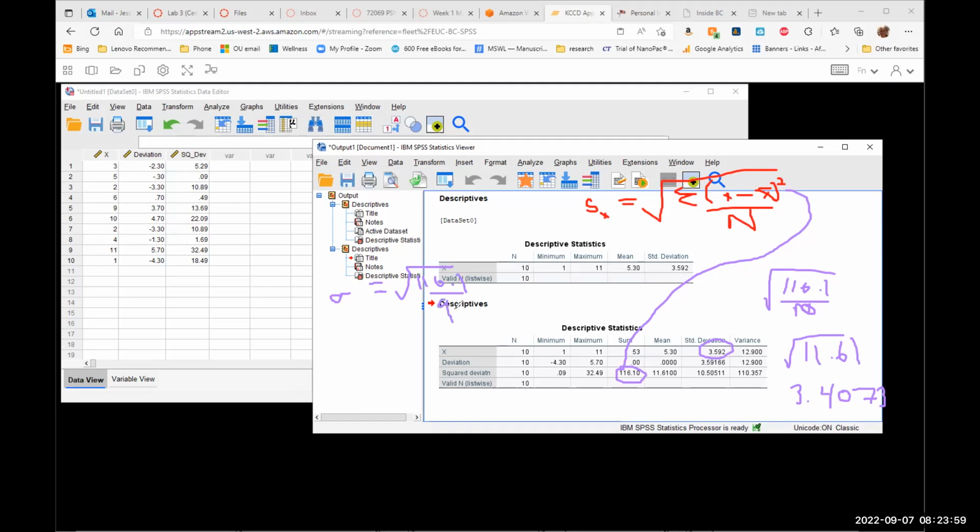I'm going to calculate that to make sure I didn't make a mistake somewhere. So this is equal to the square root of 12.9, which is 3.592. We're correct, because look, here's the estimated population standard deviation of our sample of scores X. All right, that's how you calculate it.